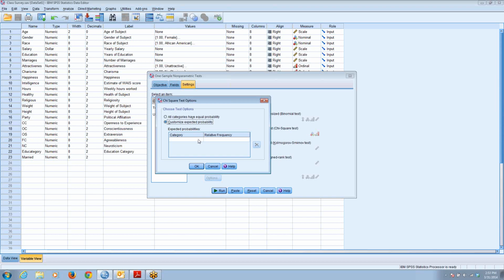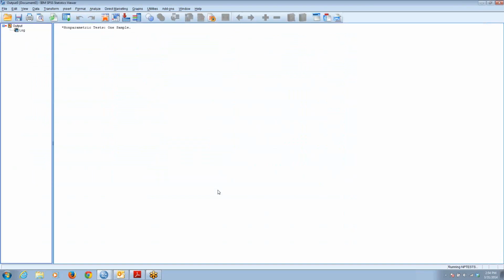And then you would put that information in here, and you would compare what you have to the frequency that would be expected to see if you have a representative sample. Here I just check all categories have equal probability because men versus women are equally probable. Then just click on OK and run.